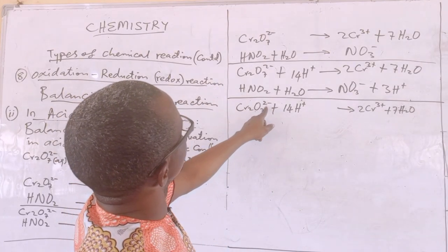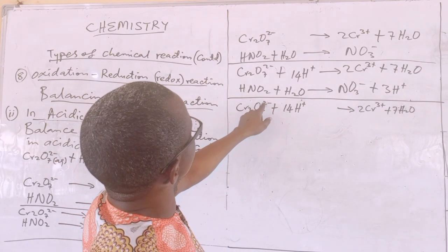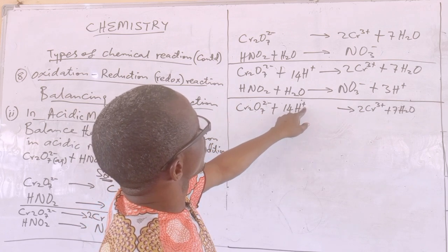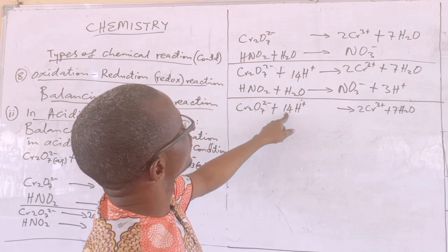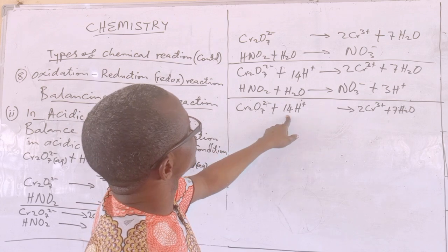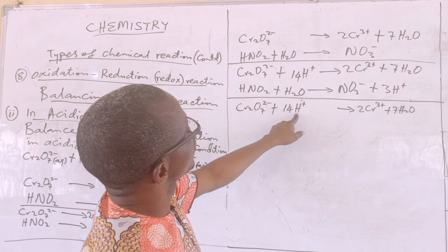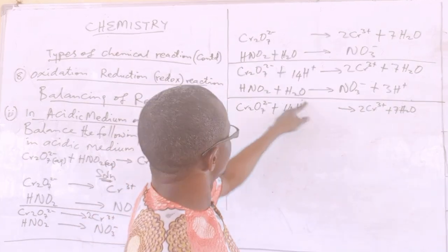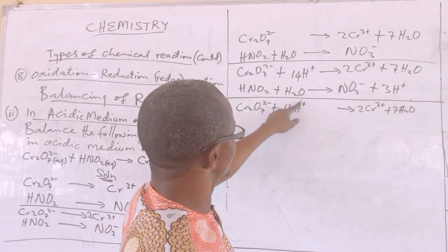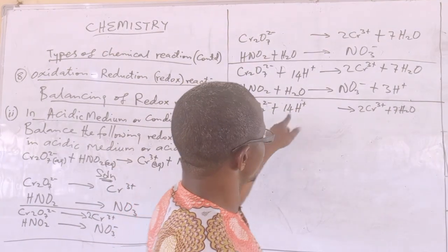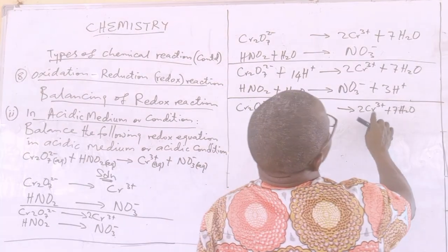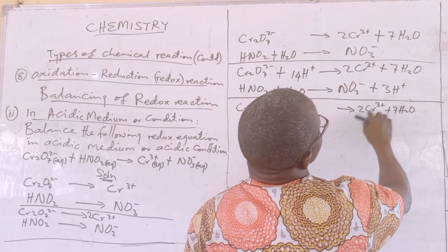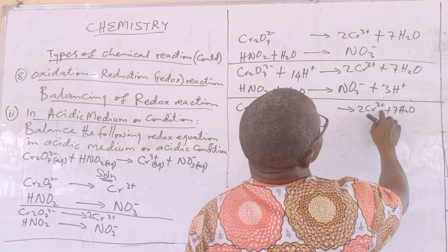Okay, now let's consider the charge now. This is minus 2. Minus 2 times 1, minus 2. But here is 1 plus, 1 times 14 is plus 14. Minus 2 plus 14, plus 12. Plus 12 in the reactant. Note that you have 12 left, plus 12 in the reactant. And here you have 3 times 2, 3 times 2 is 6 plus.